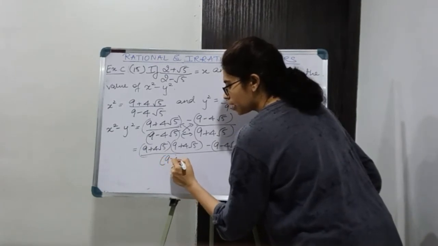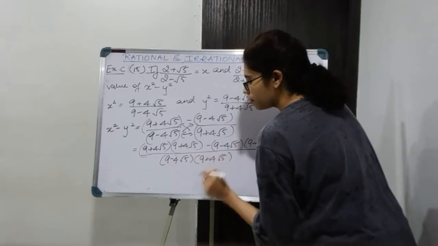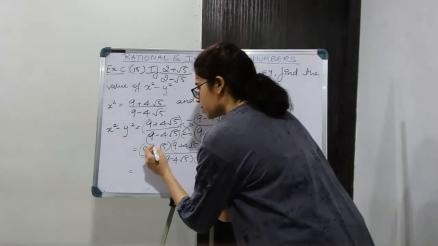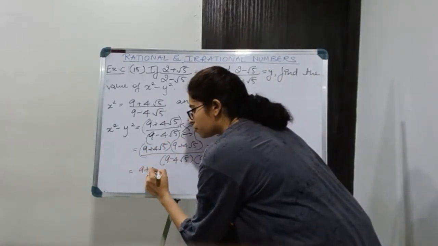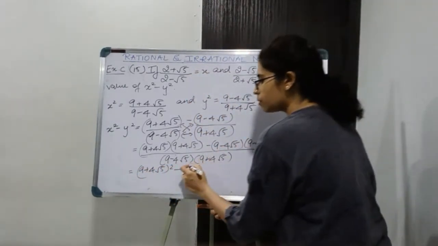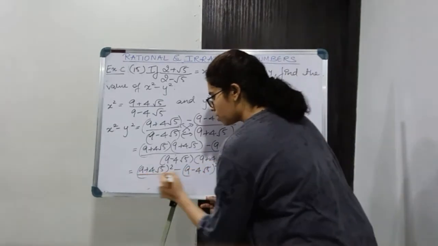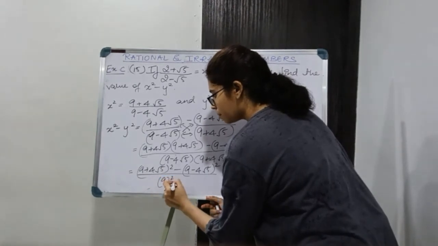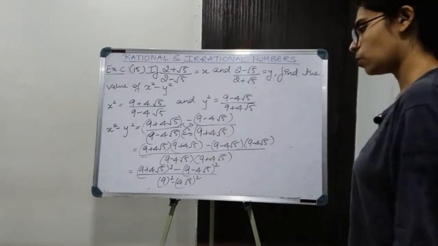So it will be 9 minus 4 root 5 into 9 plus 4 root 5. So this is 9 plus 4 root 5 into 9 plus 4 root 5. So 9 plus 4 root 5 the whole square minus 9 minus 4 root 5, 9 minus 4 root 5, that is 9 minus 4 root 5 whole square upon, this will be 9 square minus 4 root 5 square. Okay.